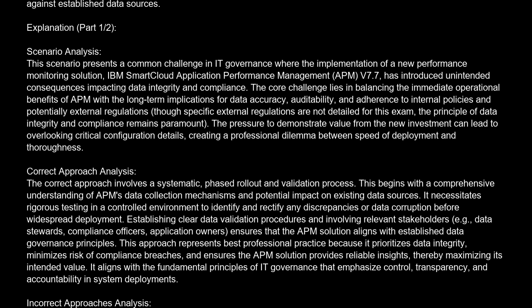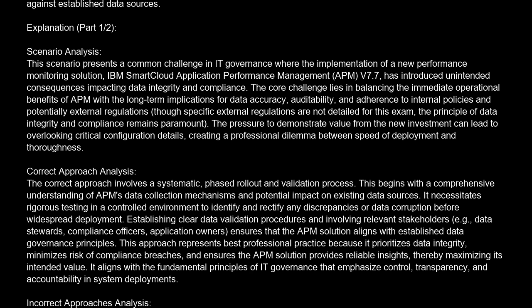Explanation. Scenario analysis. This scenario presents a common challenge in IT governance where the implementation of a new performance monitoring solution, IBM SmartCloud Application Performance Management, APM v7, has introduced unintended consequences impacting data integrity and compliance.